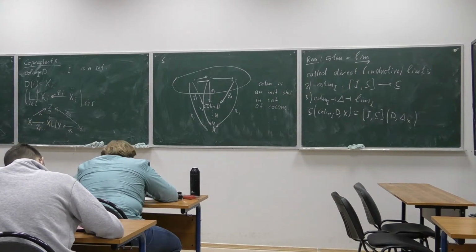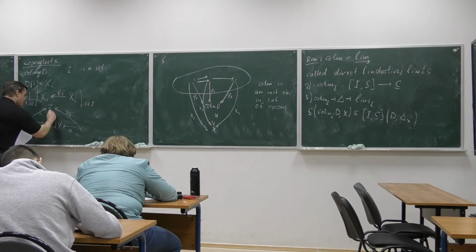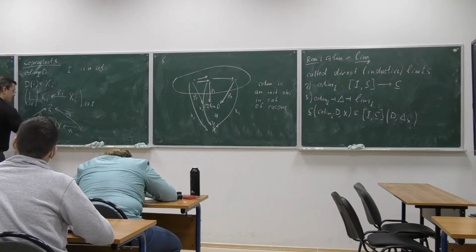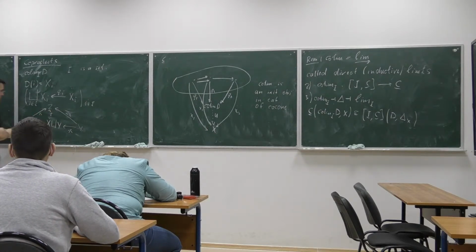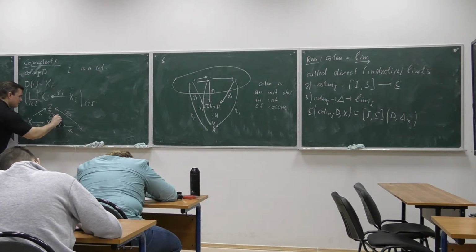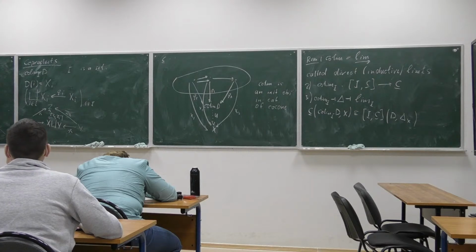I'm just repeating the general definition for this particular example. There is notation for this map, and this is the only reason why I want to draw this diagram. So the notation is Z1, Z2 in brackets.